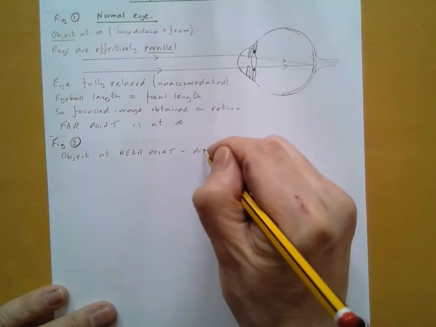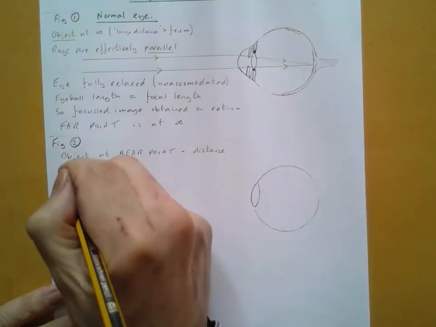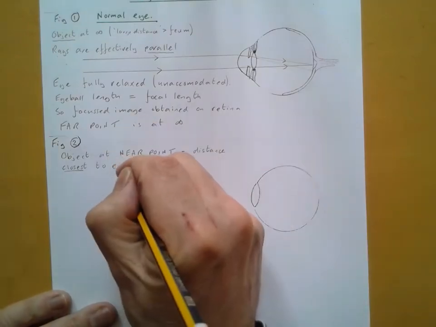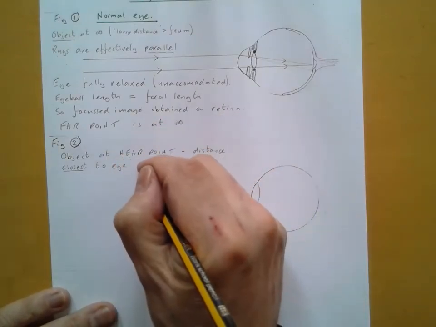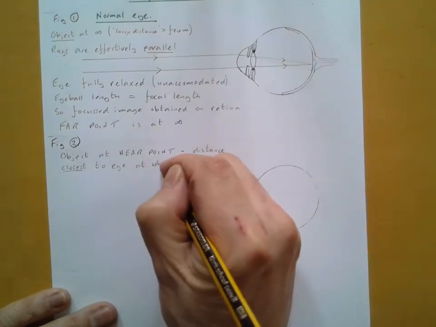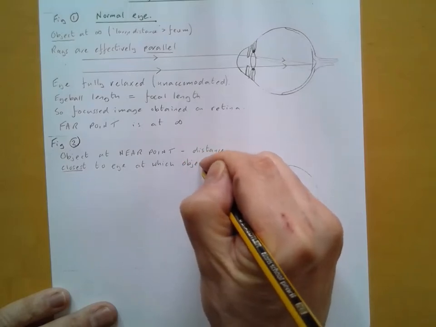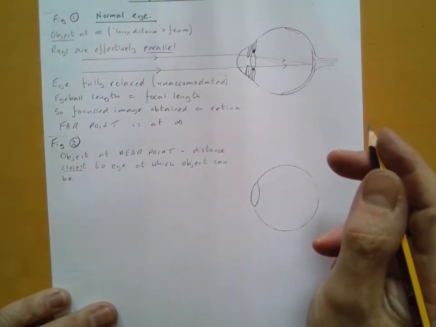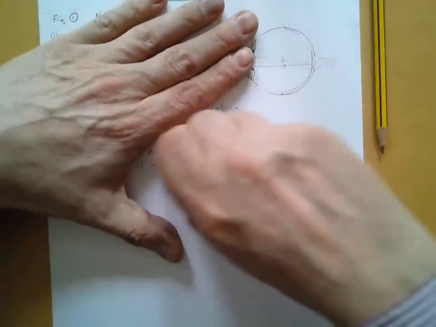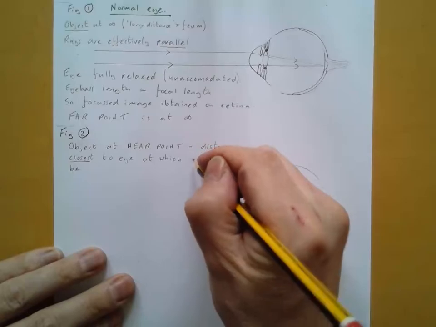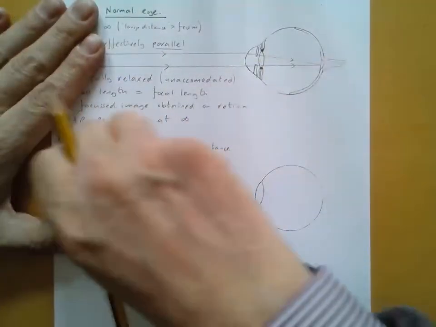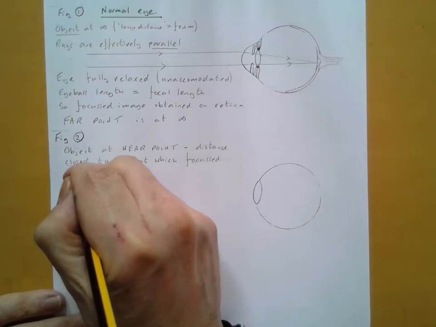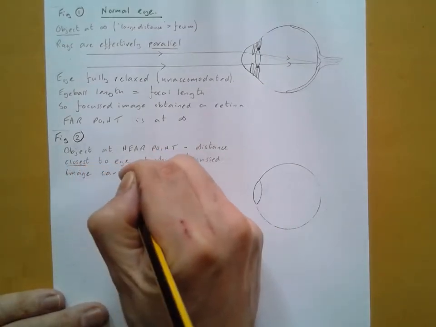And this is the distance closest to the eye, or the shortest distance at which an object can be, maybe we should say image, focused image, can be obtained.